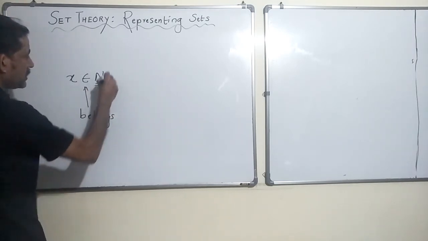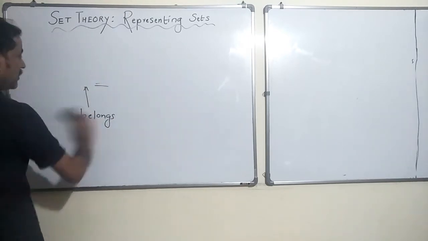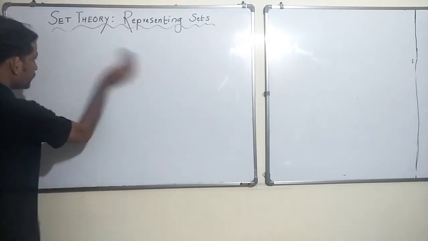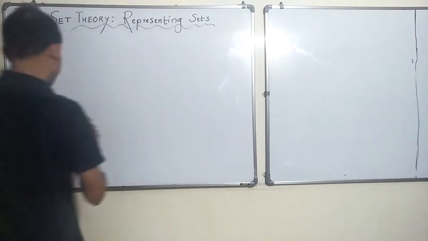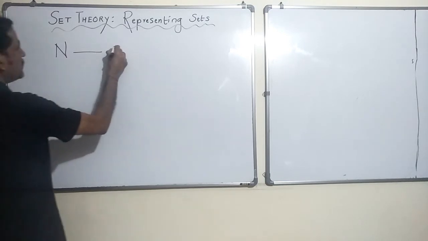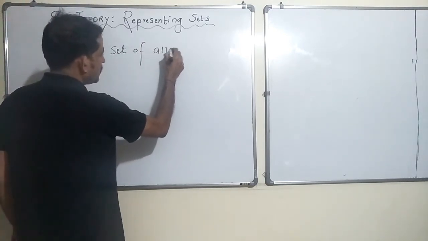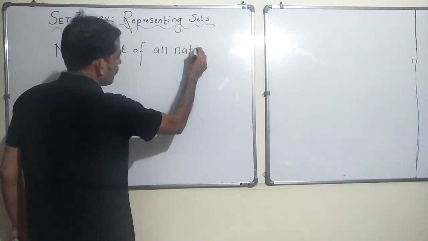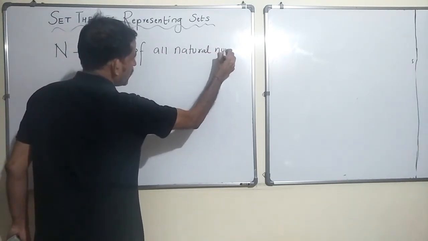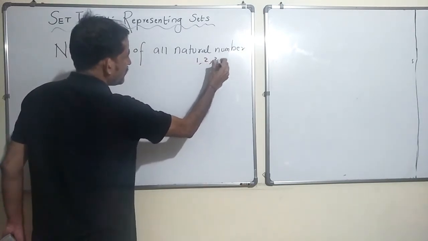And how did we know that this is a set of natural numbers? These are the well known things that you should know. So now let's start with this. N usually denotes the set of all natural numbers. You know what natural numbers are, starting from 1, 2, 3, 4, 5.